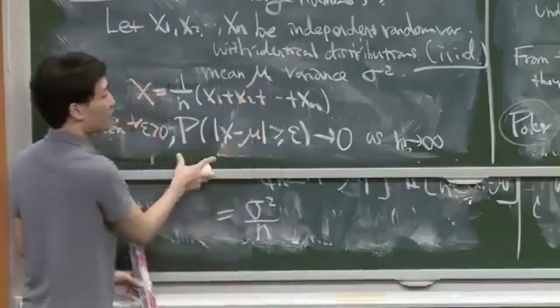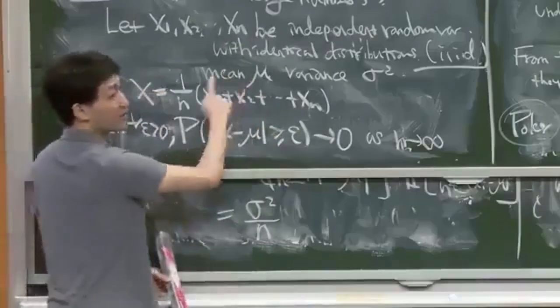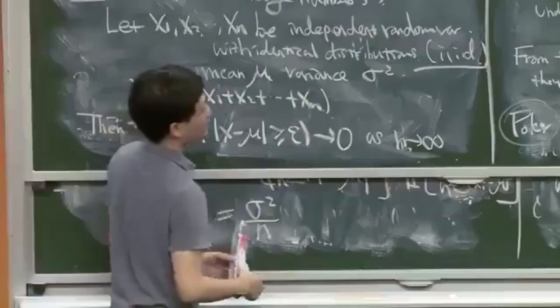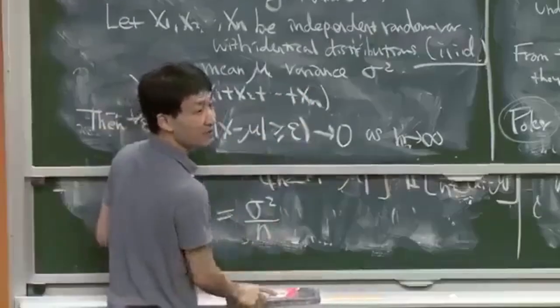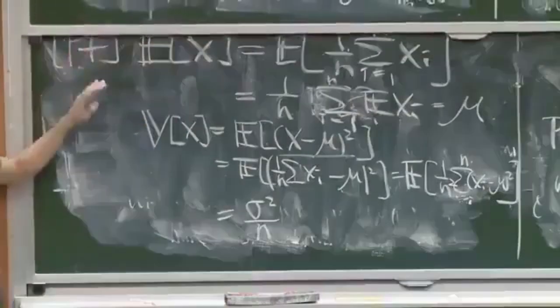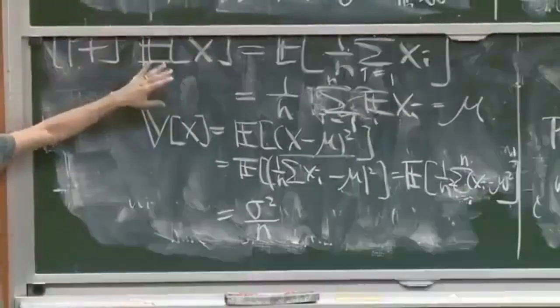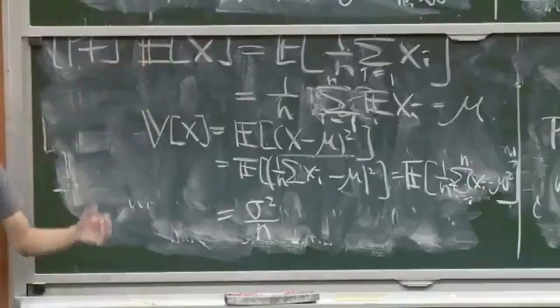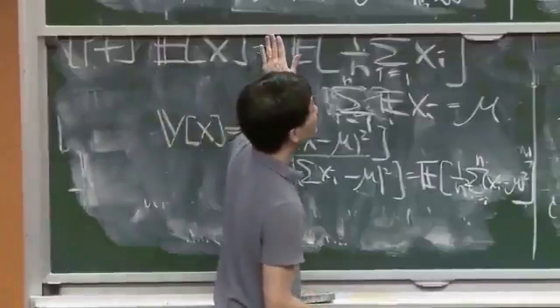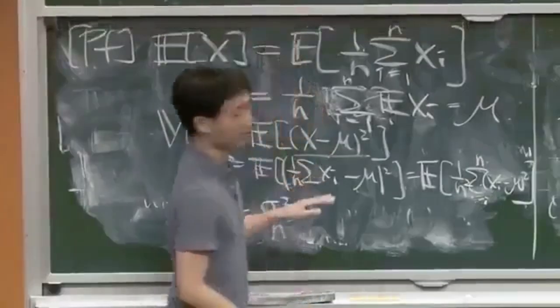The same conclusion is true even if you weaken some of the conditions. So for example, the variance does not have to exist. It can be replaced by some other condition, and so on. But here I just want it to be in a simple form so that it's easy to prove, and you just get the spirit of what's happening.